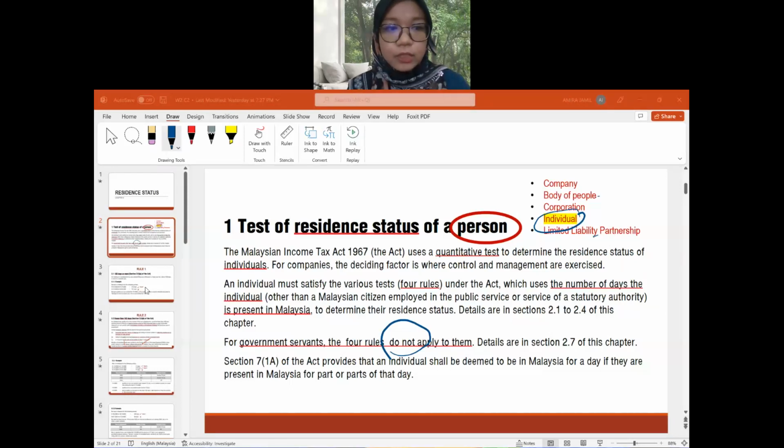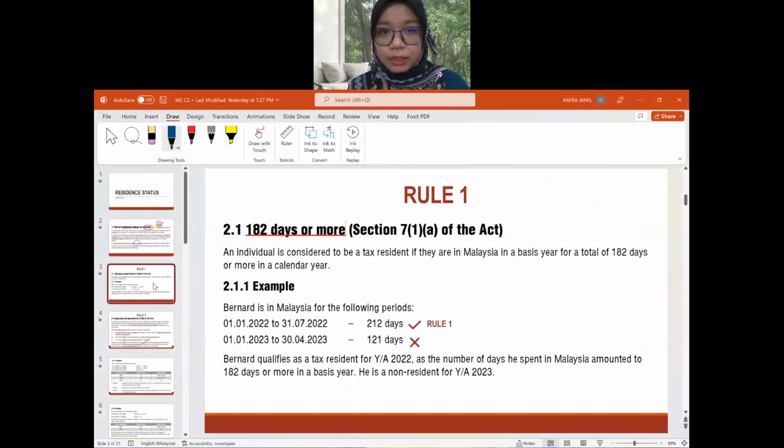So rule number 1: they must be in Malaysia for 182 days or more, under section 7(1)(a) of the Income Tax Act 1967. Whether Malaysian citizen or non-Malaysian citizen, if in Malaysia for 182 days, they are taxable.